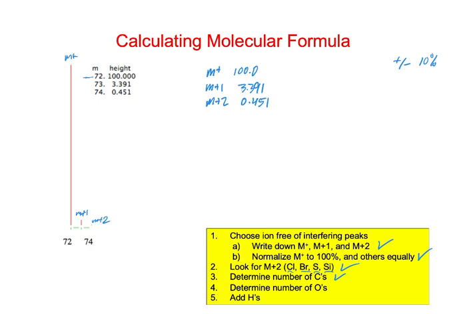Because it's just a little over 3.3, which would be for 3 carbons. So we're going to write in C3 and write down the values here. The M plus is always 100%, then this is going to be 3.3, and if you look at the table, the A plus 2 is 0.4. Where do you find this 0.4? It's from this. Yeah, because they all have the A plus 1 and A plus 2.